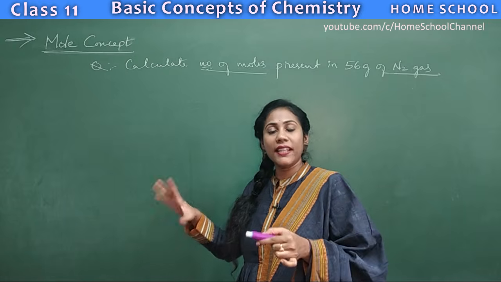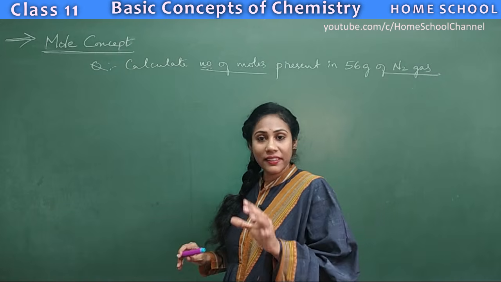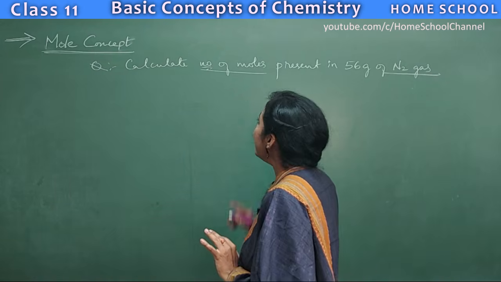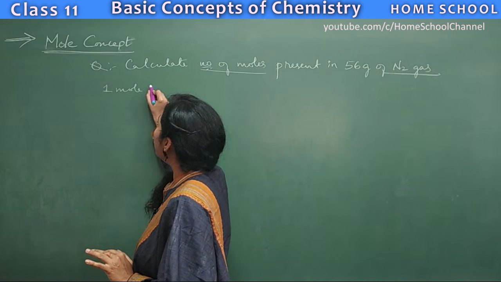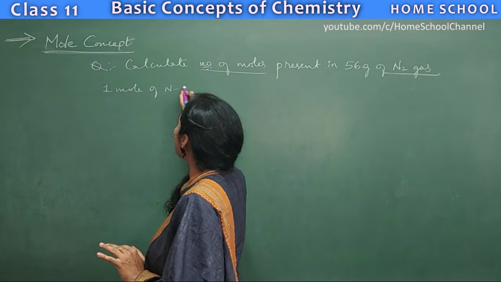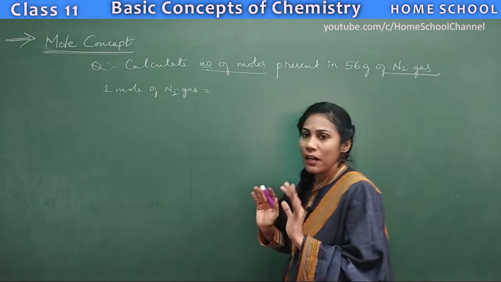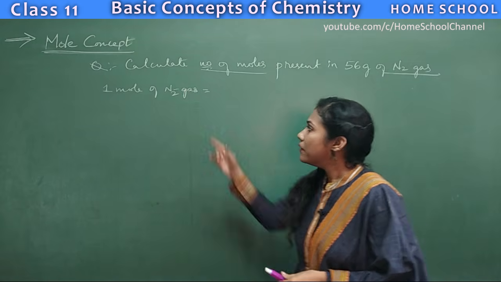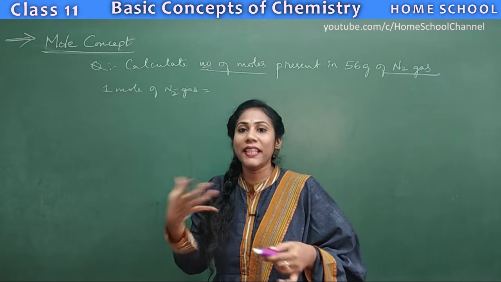Okay, so the first one is based on logic, how we can solve this with the knowledge that we have on the mole concept so far. See here, we all know 1 mole of nitrogen gas, N2 gas, has a mass, how much? It will be equal to its molecular mass. 1 mole of nitrogen gas means how many grams?